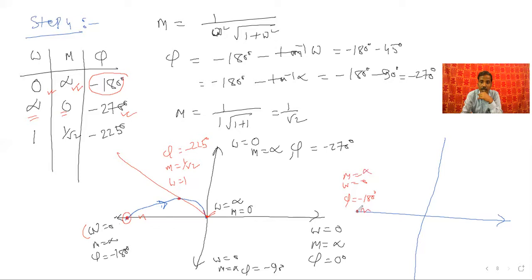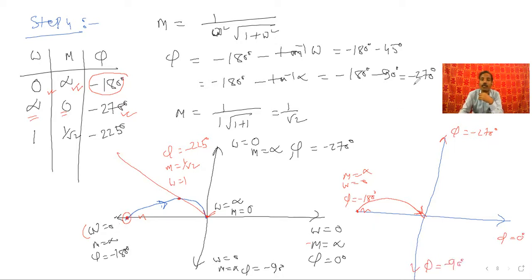This is the starting point, and this is the direction of the polar plot, with phi equals to minus 270 degree, 0 degree, and minus 90 degree.